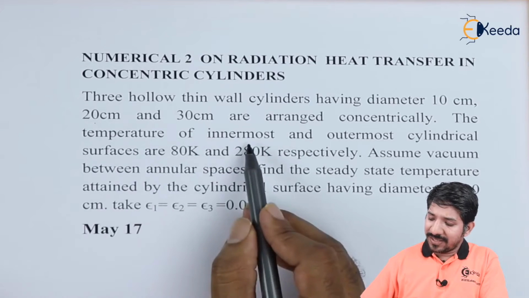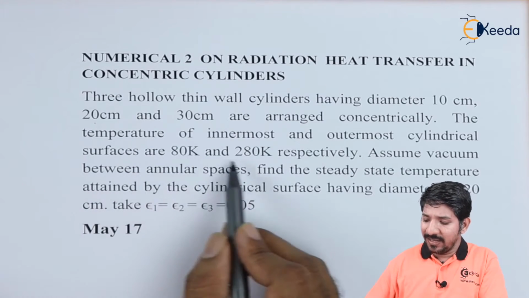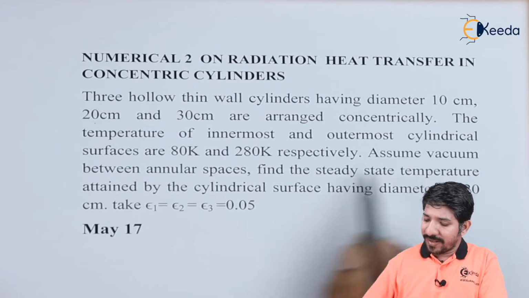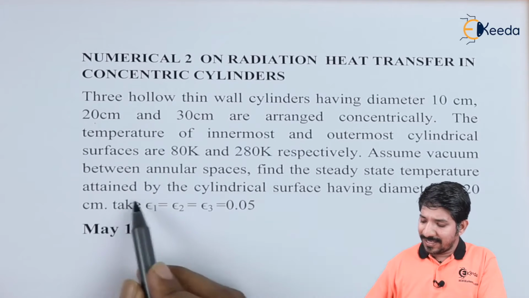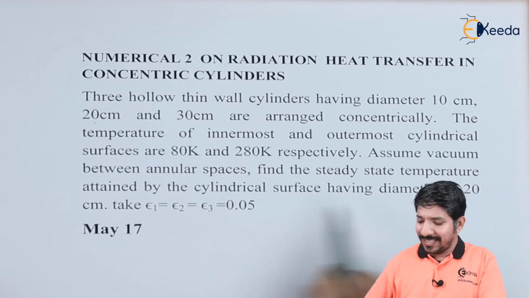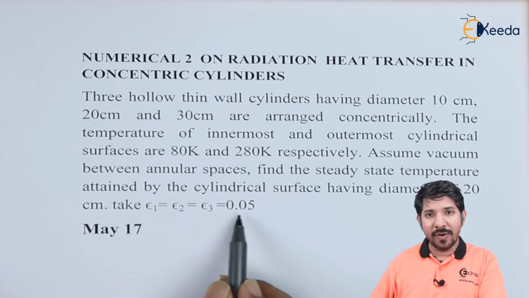The temperatures of the innermost and the outermost cylindrical surfaces are 80 and 280 Kelvin respectively. Assume vacuum between the annular spaces. Find the steady state temperature attained by the cylindrical surface having diameter of 20 centimeter. Take emissivity 1, 2 and 3 as 0.05.